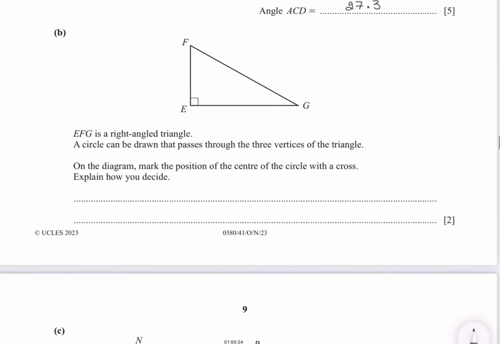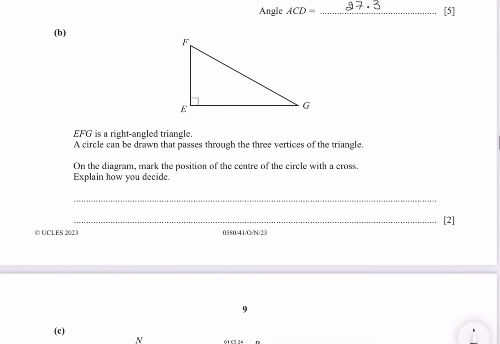If you remember your circle properties, you think that FG is the diameter of the circle and the midpoint of FG would be the center of the circle. If you place your compass at that center, which is the midpoint of FG, and open your compass to F or G and rotate it, it will pass through all three corners of this triangle.